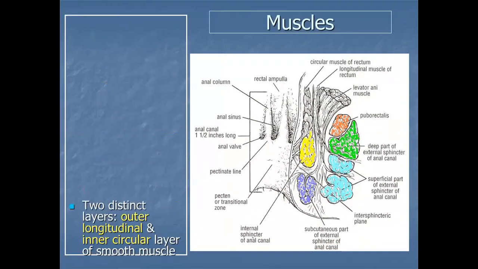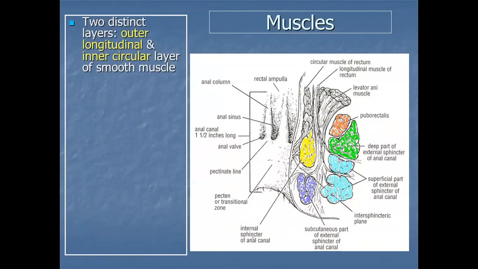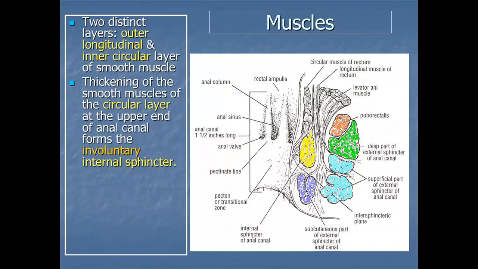Coming to the muscles, there are two distinct layers of smooth muscle fibers: the outer longitudinal and the inner circular layer. These are very important because they act as the sphincters. The thickening of the circular smooth muscle layer at the upper end of the anal canal forms the involuntary internal sphincter.